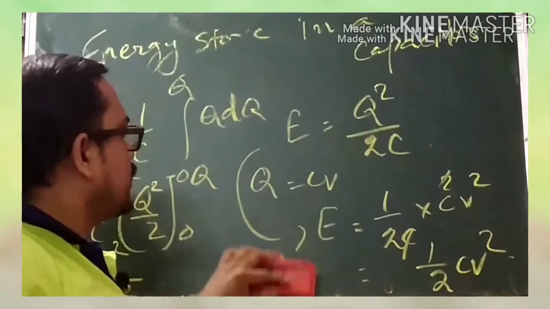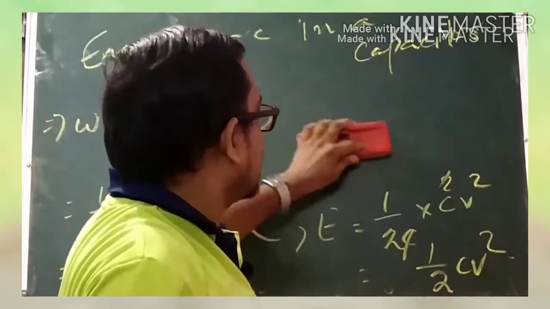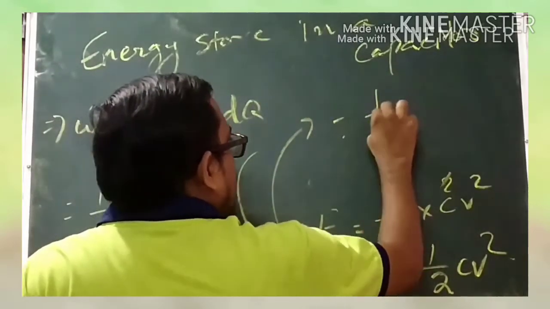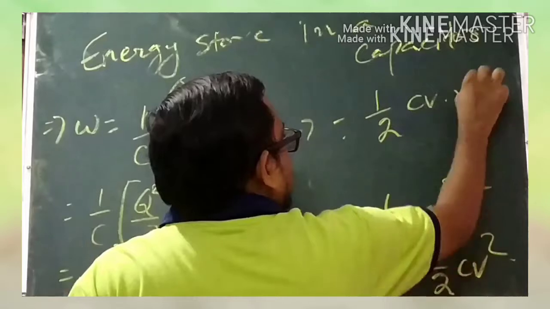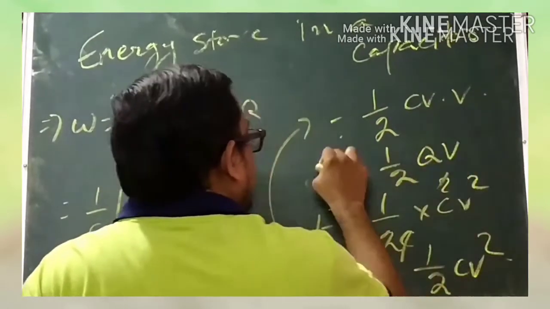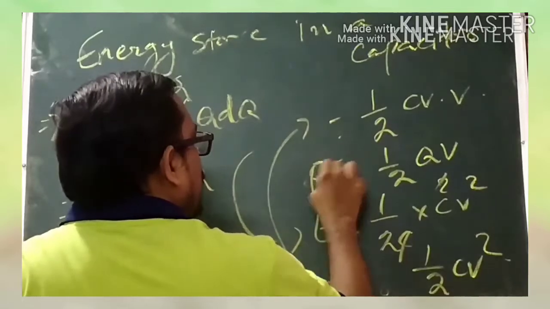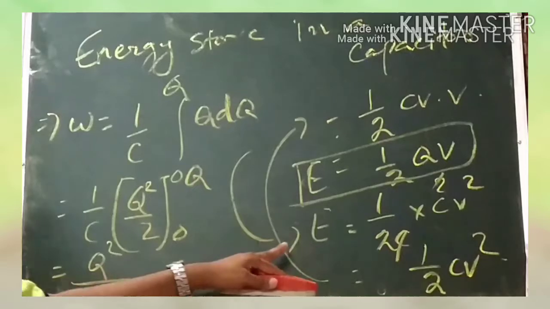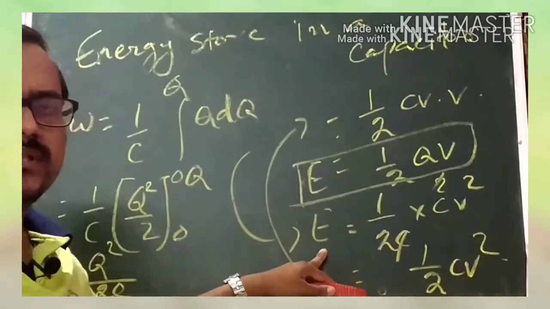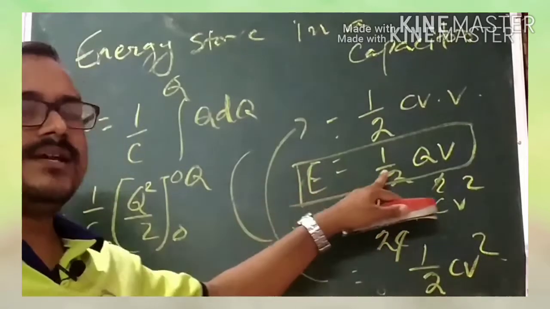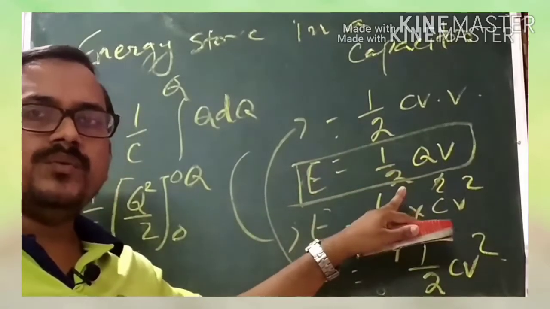Now putting the same relationship, we can find out this half CV into V. So we have got this, half CV means Q, and so Q into V. So there are three formulas for calculating the energy stored in a capacitor. The first is E equal to Q square by 2C. The second formula is E equal to half CV square, and the third formula is E equal to half into QV.